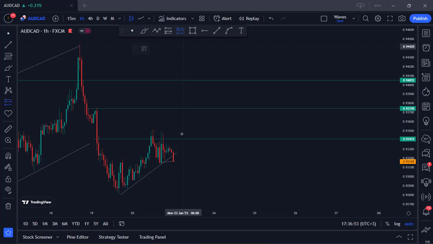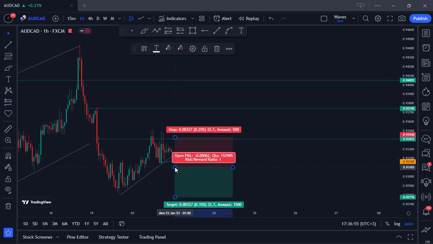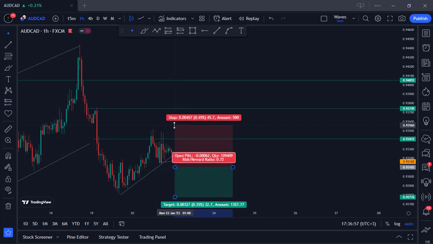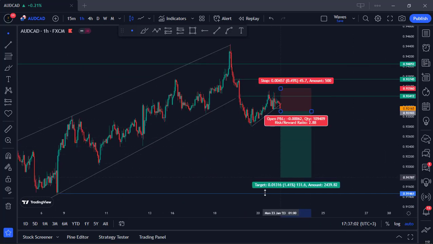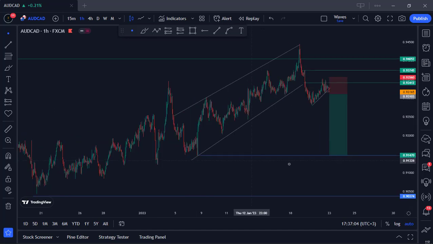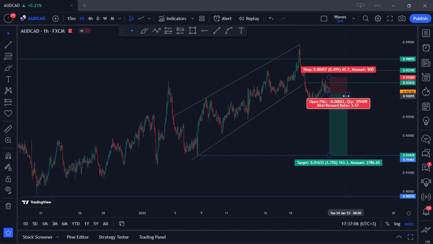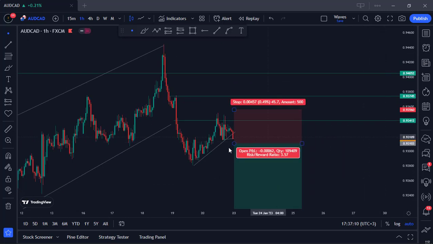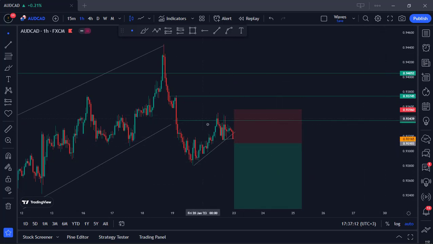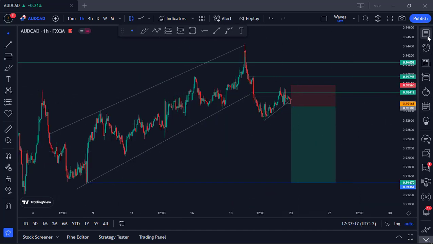When it's broken, it tags you in, so you can set your order at this low. Your stop loss will be on this high. So that will be a nice entry, and then you target this one for the first target. This is how I can see another entry if you want to enter on this trend line break, because we have already tapped the value area. Okay guys, so watch out on this one also.